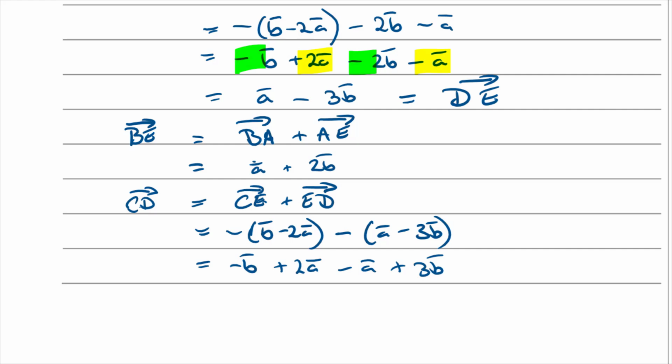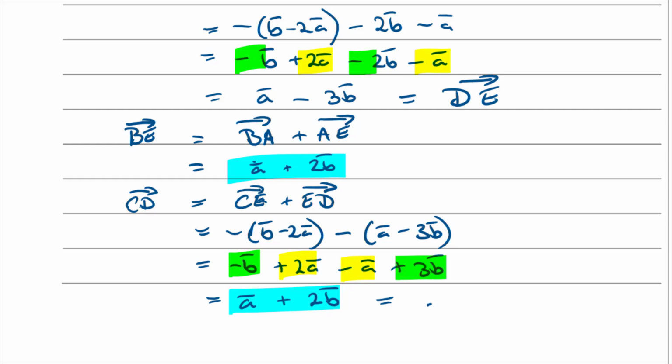I've got minus B and a positive 3A, and I've got a positive 2A and then a minus A. So that gives me A plus 2B, which you'll notice is the same as that one. So again, I can say that is the same thing as B to E.